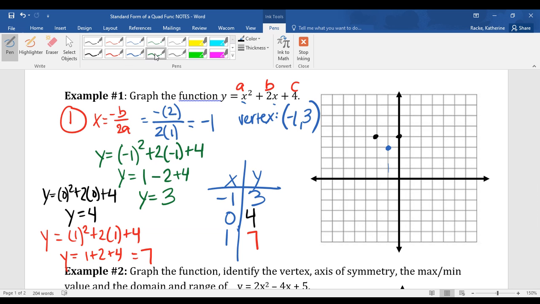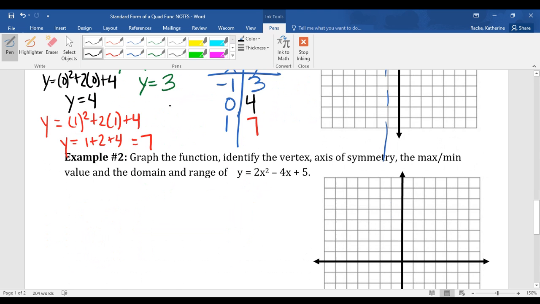And then we're going to plot our point 1, 7. Reflection. So your axis of symmetry is here at x equals negative 1. Okay, we're going to draw our smooth curve. Okay, and that's all you have to do right now for graphing.